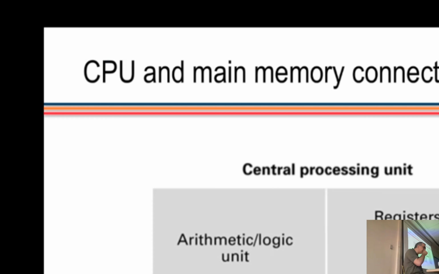The arithmetic logic unit is made up of gates. We have covered that a little bit in last week's section. It had two inputs, A and B, and an output.